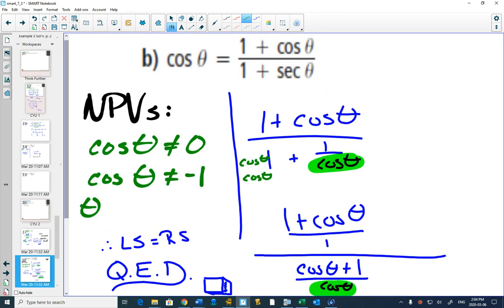So theta can't equal, where's cos at 0? Pi over 2, 3 pi over 2, 5 pi over 2. Are you okay if I write pi over 2 plus k pi? Where k is an integer.